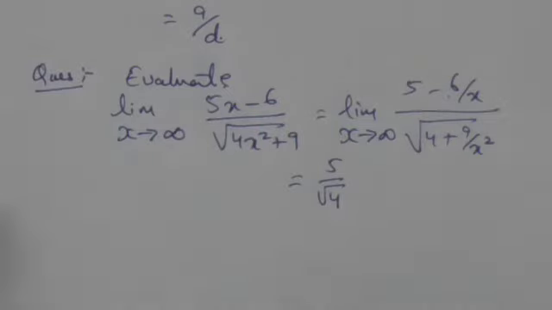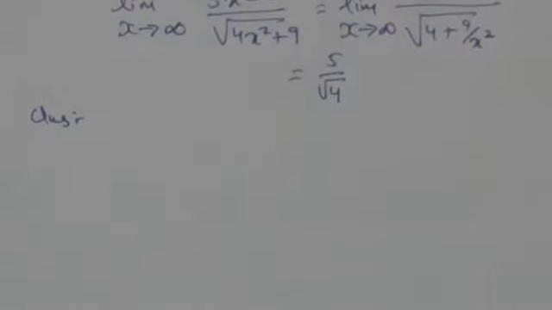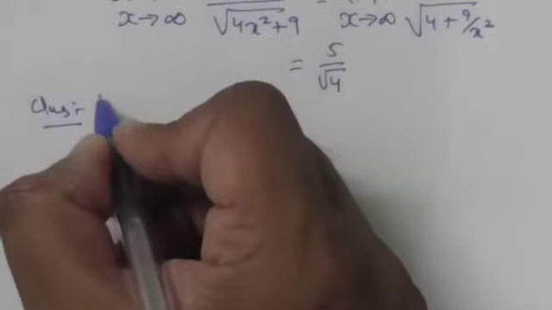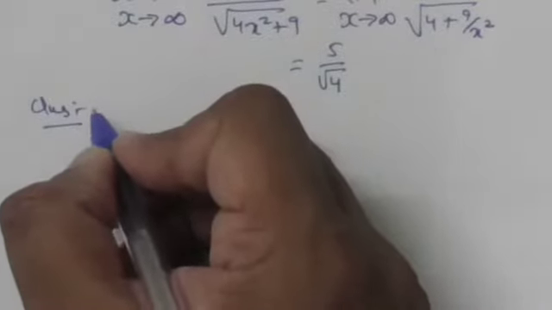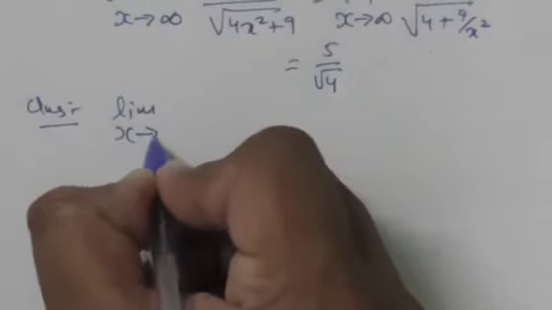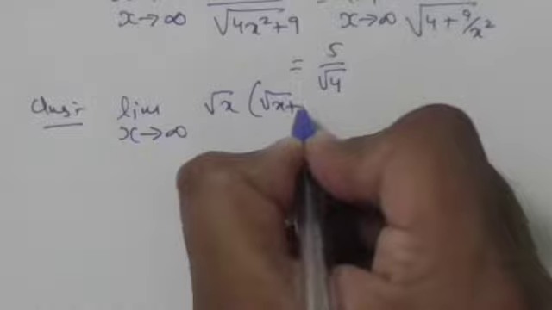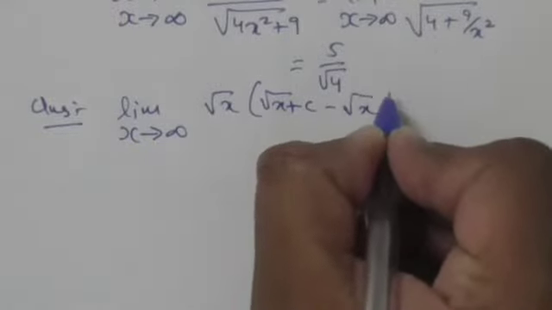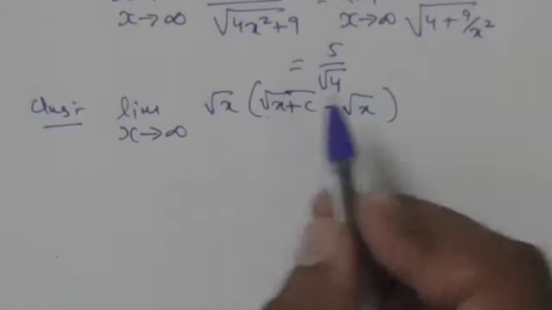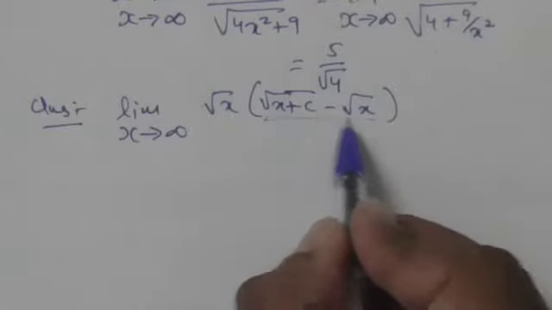Now let us solve another question. Limit x tends to infinity root x plus c minus root x, we have to evaluate this. In this case, we will multiply numerator and denominator both by the conjugate of this expression.